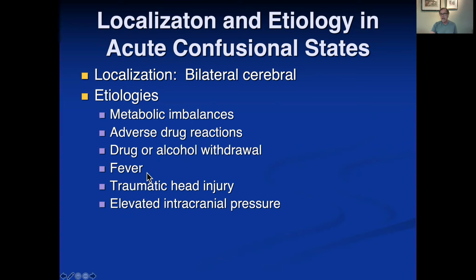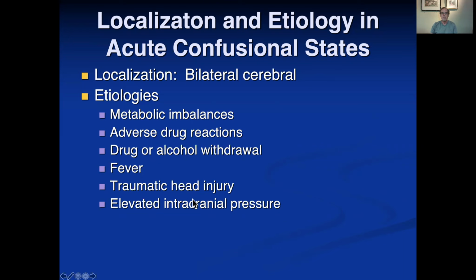If you have children, you know, if you have a child who gets up to about 106, they will get quite confused and actually need to be in a hospital at that point. Traumatic brain injury can cause it, and elevated intracranial pressure can cause an acute confusional state.